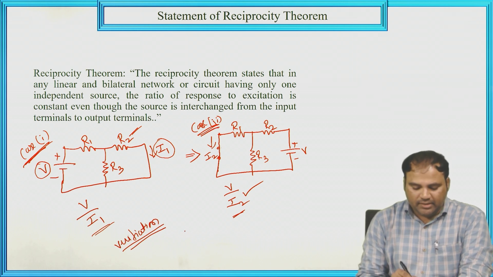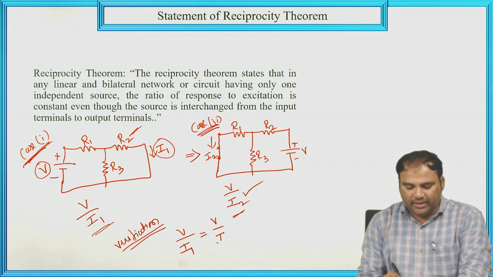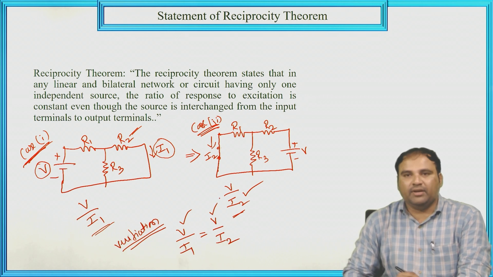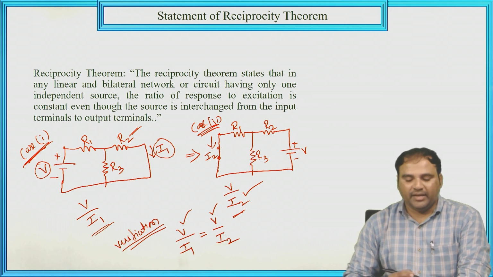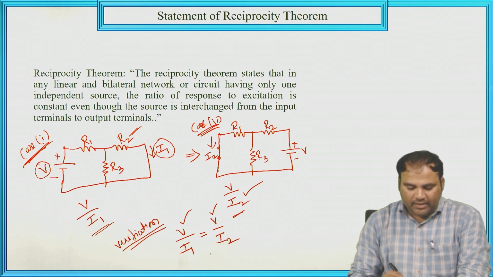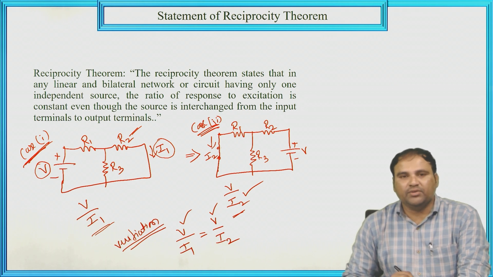That means V divided by I1 is equal to V divided by I2. These two ratios should be equal when the source is interchanged from the primary side to the secondary side. Hence we can say the Reciprocity Theorem is verified.